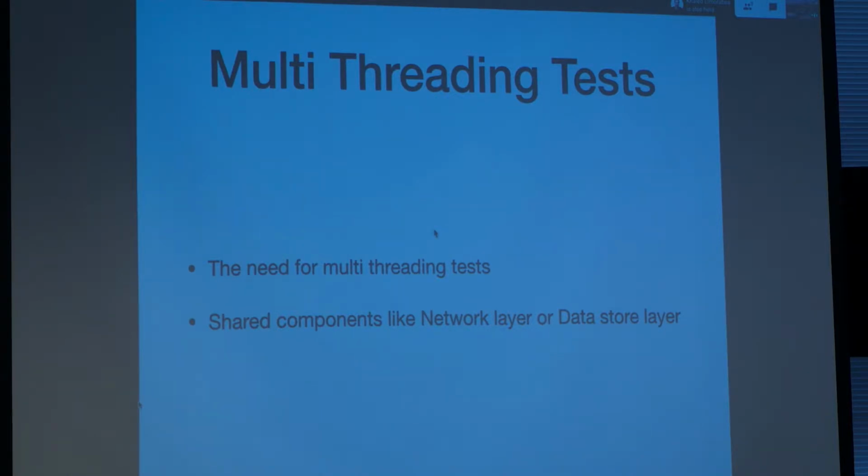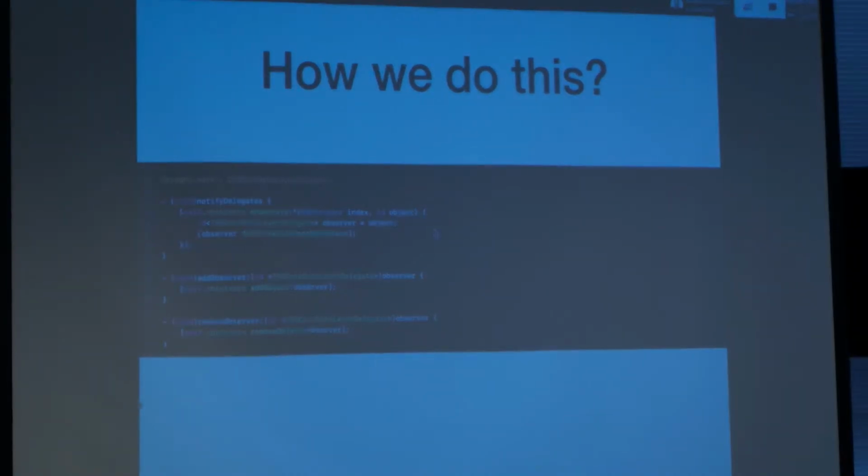Examples of modules where you need multi-threading tests are the network layer or data store layers, because you can access these elements from different threads, background threads or the main thread. Here's a sample of a class that we implemented in our code.